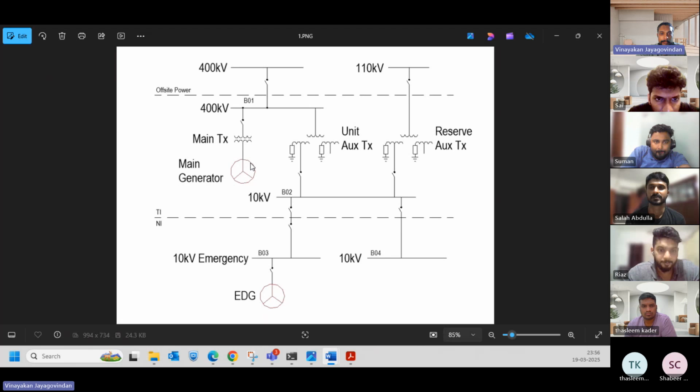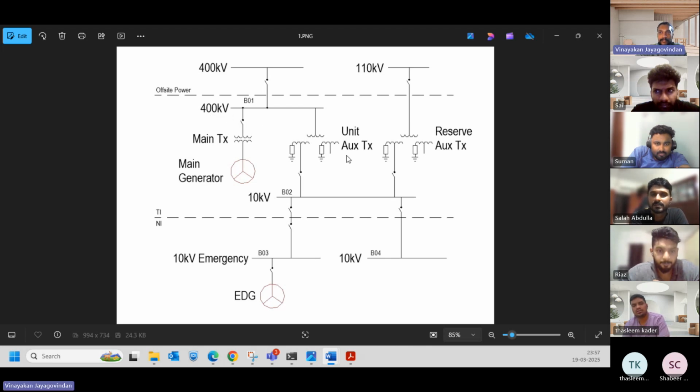Here, this is the main generator, and using the main transformer we are stepping up and connecting to the turbine island bus bar. From there, we are transmitting it to the offsite grid. The transmission voltage is 400 kilovolt. Usually the generating voltage is 25 kilovolts, so that is stepped up and transmitted with 400 kilovolt of power supply.